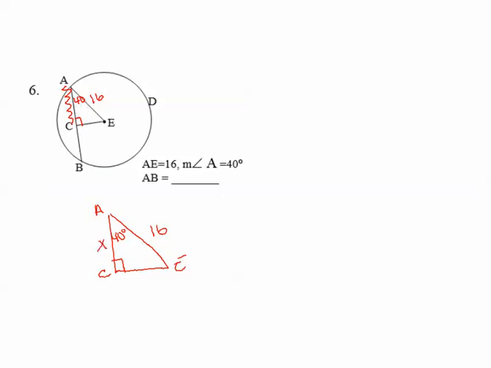I can't use the Pythagorean theorem because I don't know what CE is. So if I pick this angle and I label my opposite, my hypotenuse, and my adjacent, cross out my O, I know I'm going to be using CAH from SOHCAHTOA. So cosine of 40 equals x over 16.